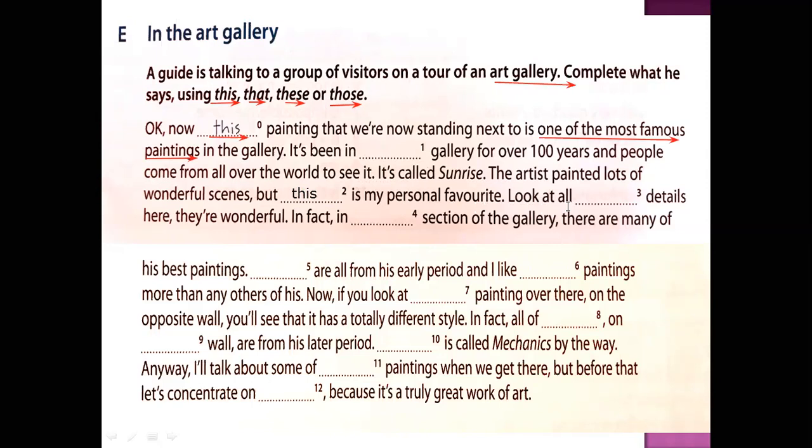Now here, do you see the plural, right? Our noun is plural. In this case, what are you going to choose? One of these or those? Which one would you choose? These. These details here. Why? Because it says here they are wonderful, but the time is in the present. That's why we're going to use these.